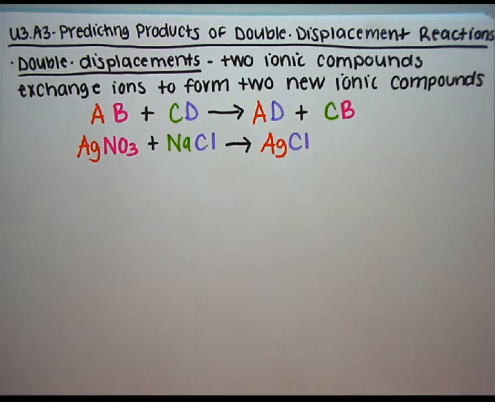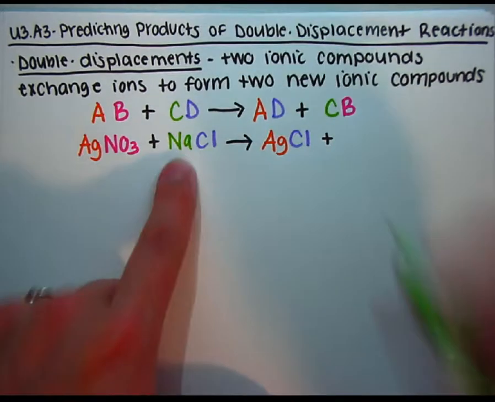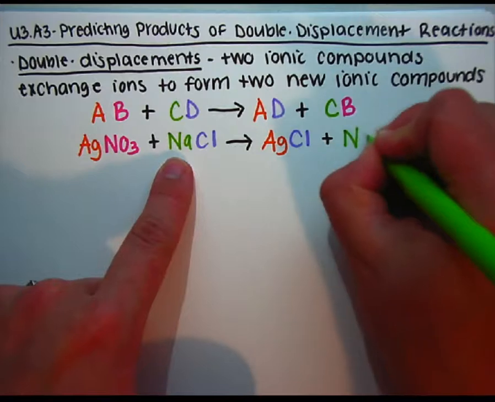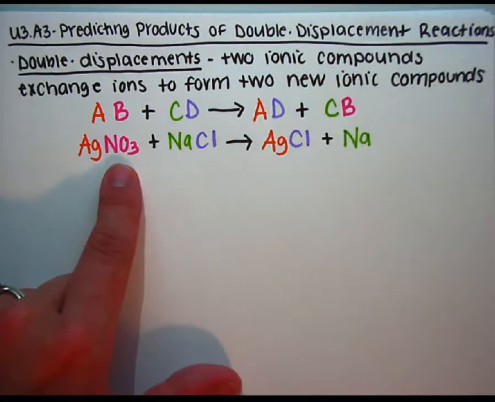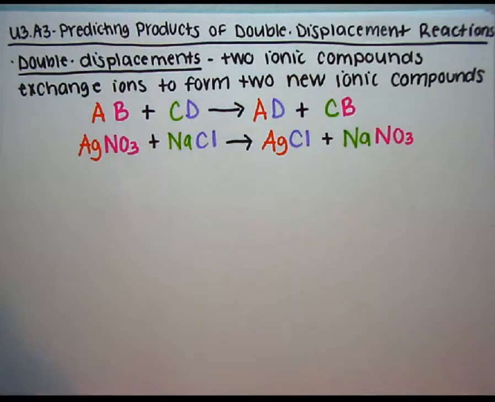Remember, when we write ionic compounds, the cation always comes first. So now the cation of the second is going to bond with the anion of the first. So all we're doing is switching ions to make two new ionic compounds.